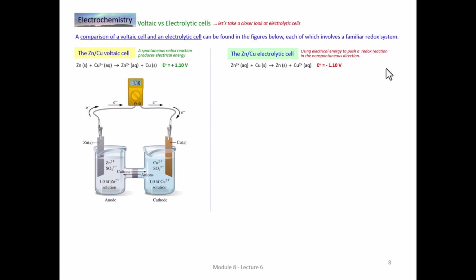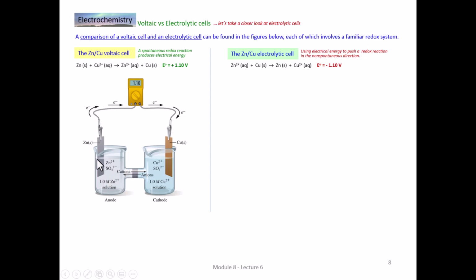So here's a figure on the left, which is an attempt to show how we might build this zinc-copper voltaic cell. And you can see that we have a beaker on the left that has a 1 molar solution of zinc sulfate. The important part here is it's 1 molar zinc ion. We have a zinc electrode. We have a salt bridge.